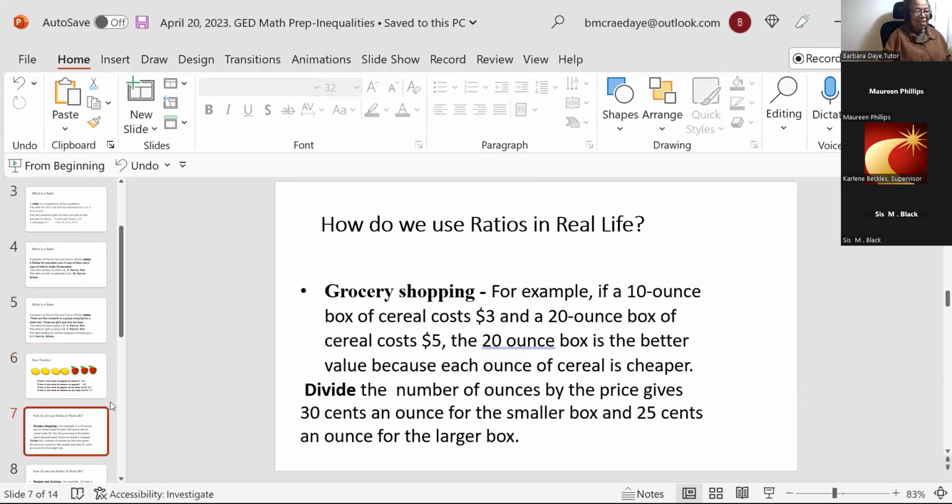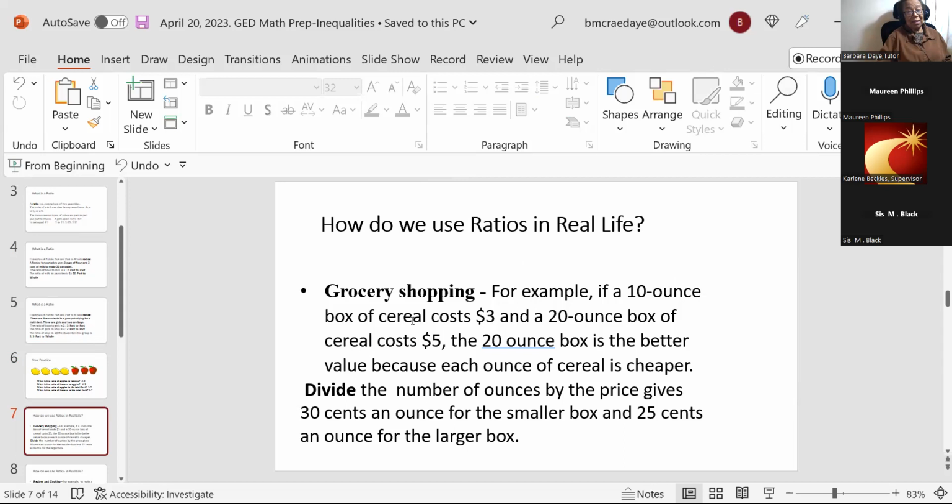Now, you say, why are we learning this math? Well, this is a case where we use ratios in real life. You use it when you're shopping, right? If you're buying cereal and you see 10 ounces cost $3, 20 ounces cost $5, which is the better buy?